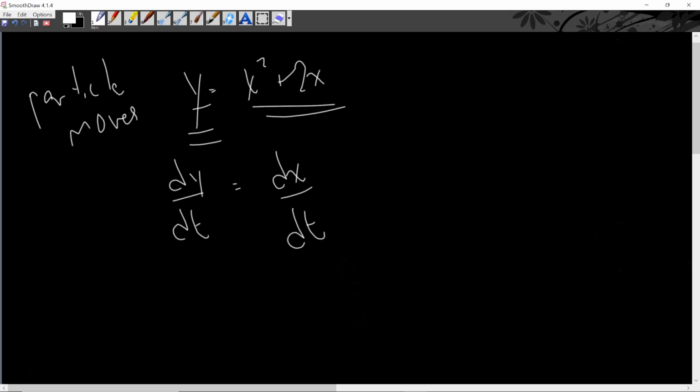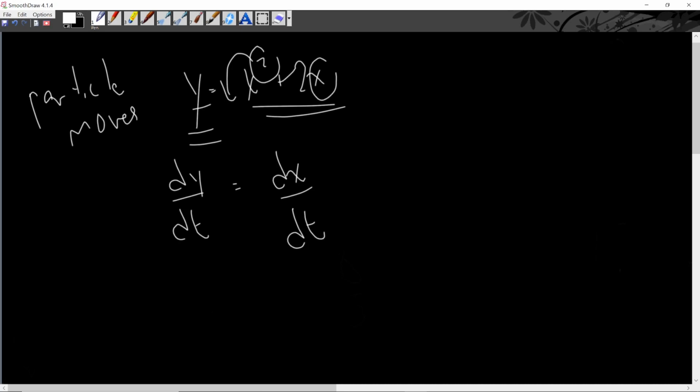So the derivative of y with respect to x, where y is equal to x squared plus 2x. So the derivative of x with respect to t is the same as the derivative of y with respect to t. And so from here, we can do the derivative of x squared plus 2x. So that would be 2, we can bring that out.